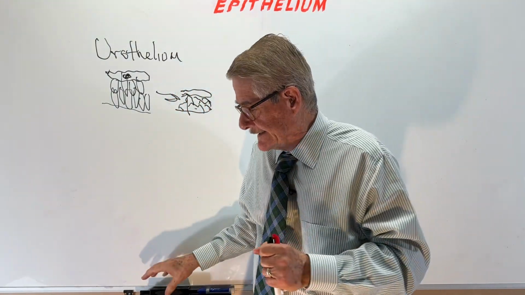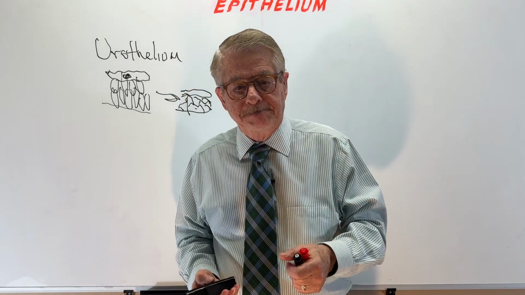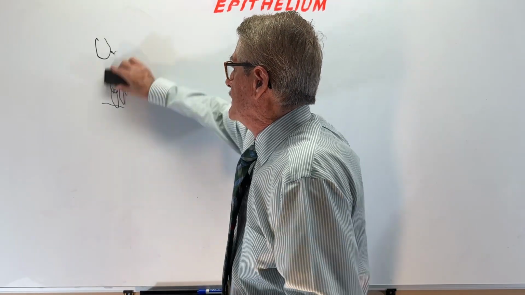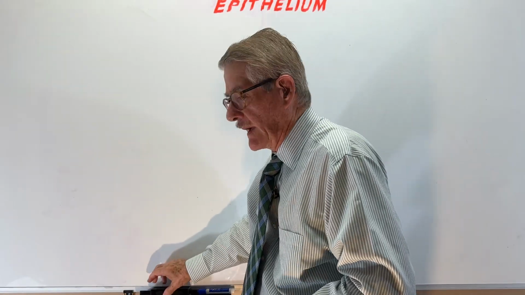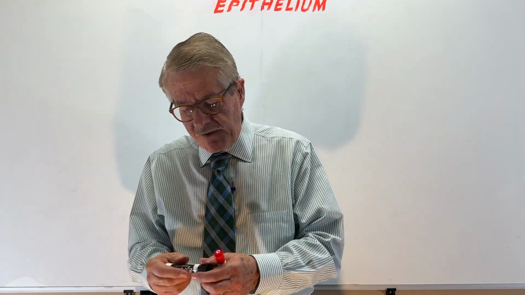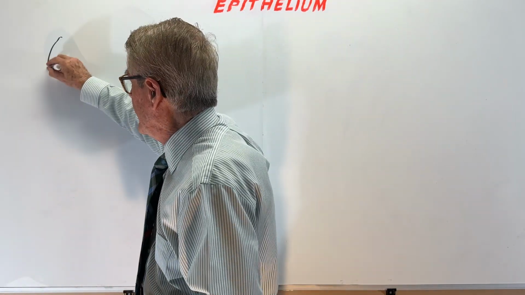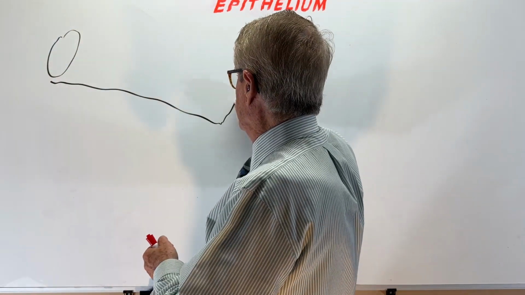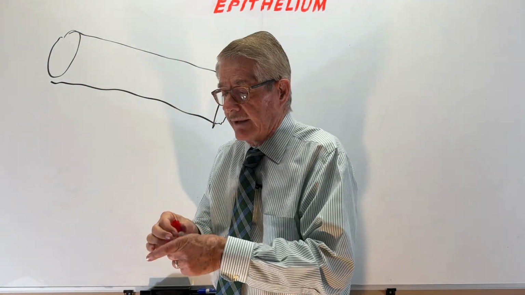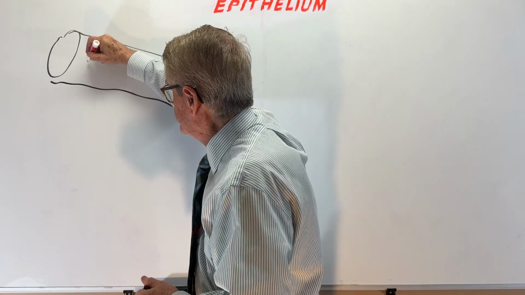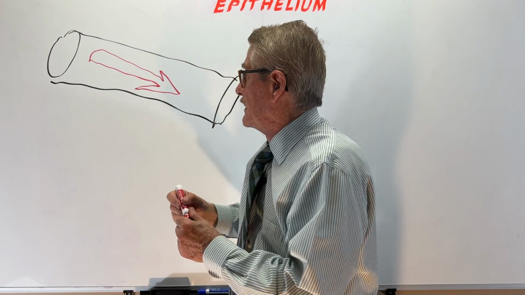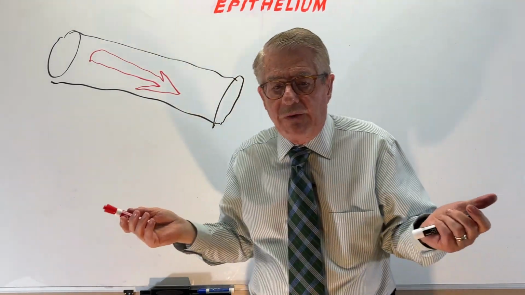Now, let's go to another kind of epithelium, in this case, the one that lines the vessels. If you have a vessel of any type in your body, and it has blood flowing in all the time, you want to have what kind of epithelium?